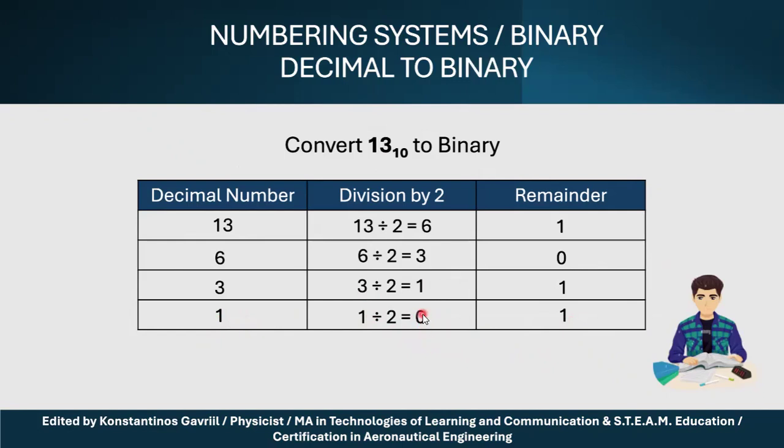We get a 0, so we have the remainder to be 1. Okay, so our number is 1101. The number 13, which was decimal, has been converted to the binary number 1101.